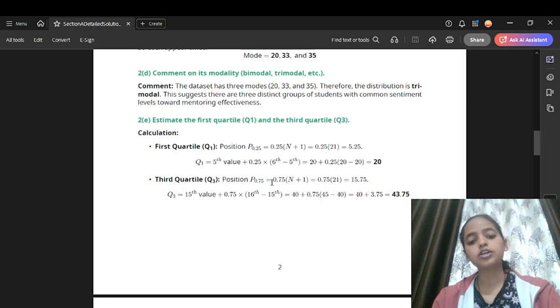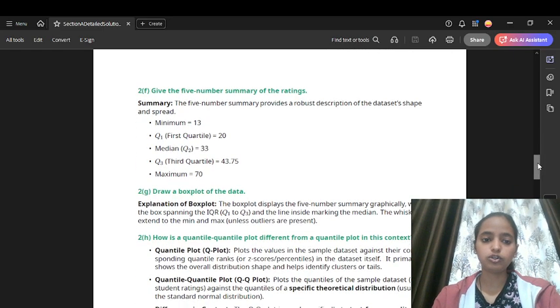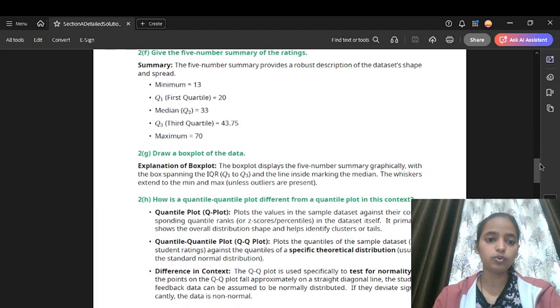For the third quartile, position P 0.75 equals 0.75 times n plus 1, equal to 0.75 times 21, equal to 15.75. Q3 equals the 15th value plus 0.75 times 16th minus 15th, equal to 40 plus 0.75 times 45 minus 40, equal to 40 plus 3.75, which is 43.75.